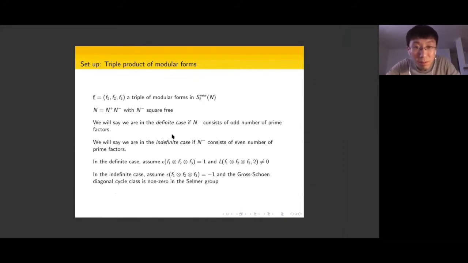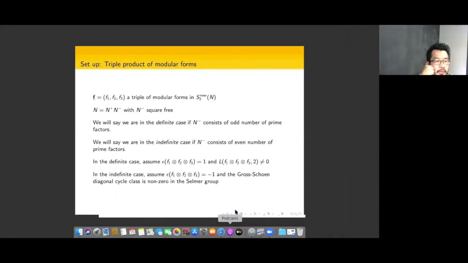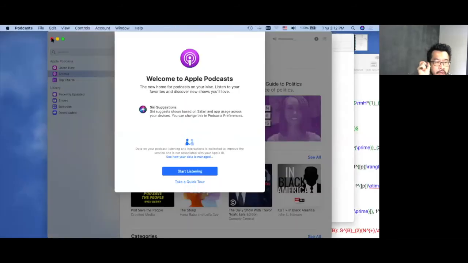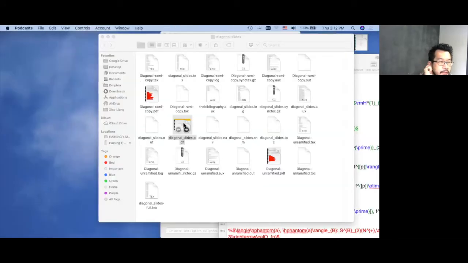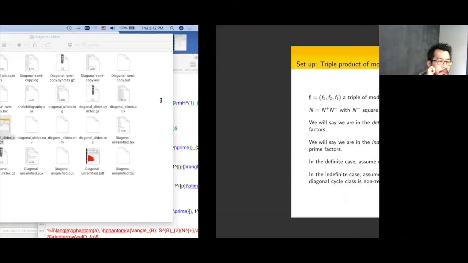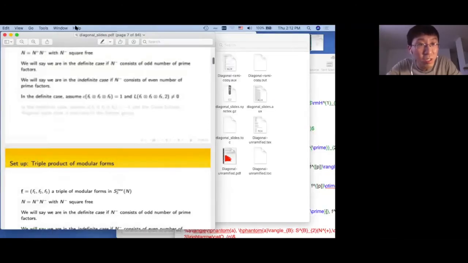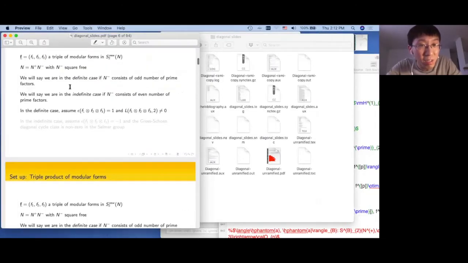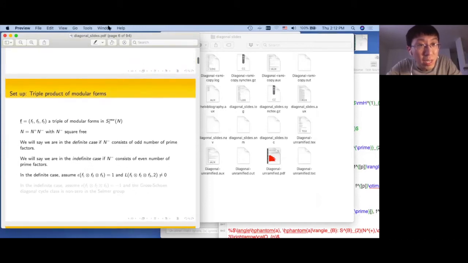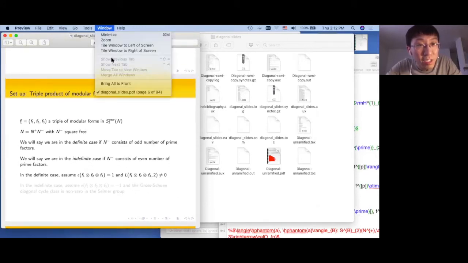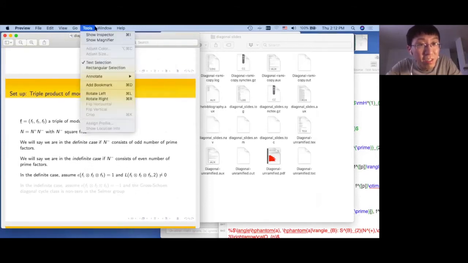But how do I...? Patrick suggests that you use slideshow rather than full screen. Can you try that? I think the problem with slideshow is that it automatically turns the page.